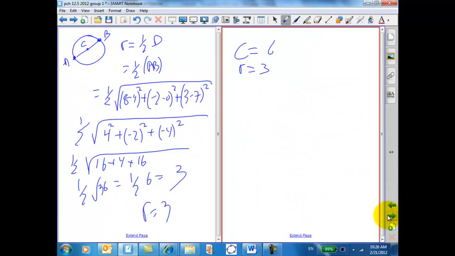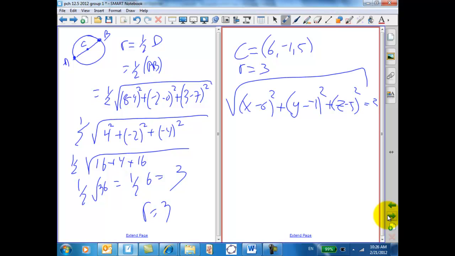So it would be x minus 6 squared, plus y plus 1 squared, plus z minus 5 squared equals 9. Well, the square root of that equals 3. And normally, this is using our distance formula, right? The distance between x, y, z and the center has to always be 3. Now you square both sides and you get a nicer looking equation for the sphere.